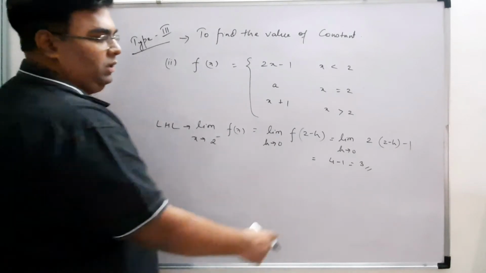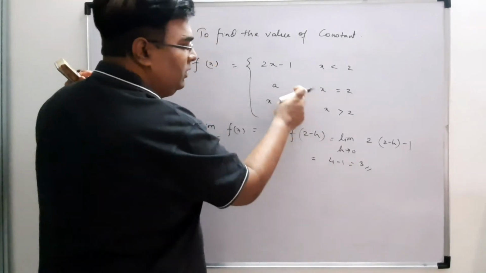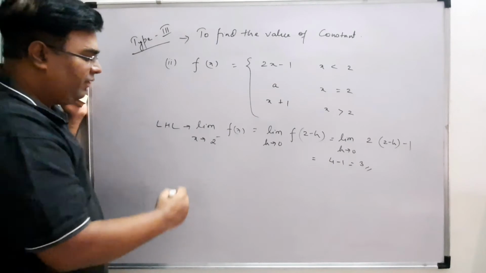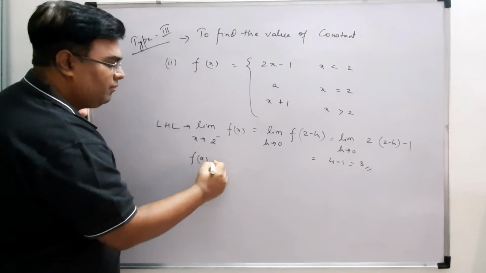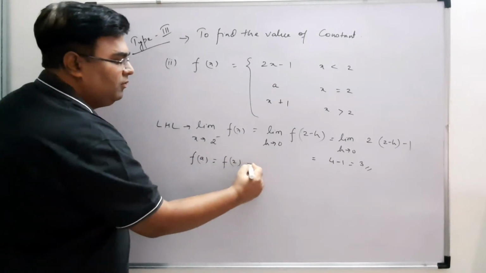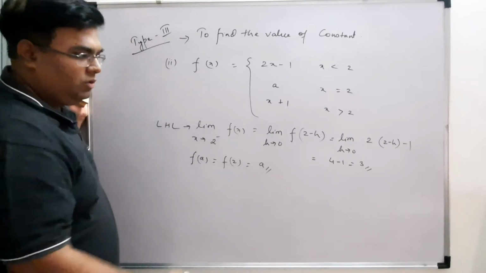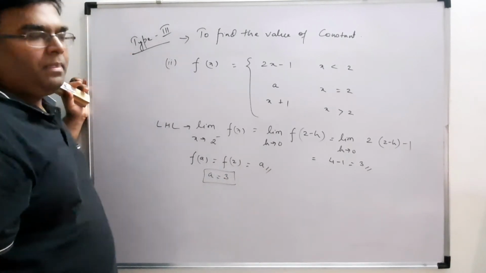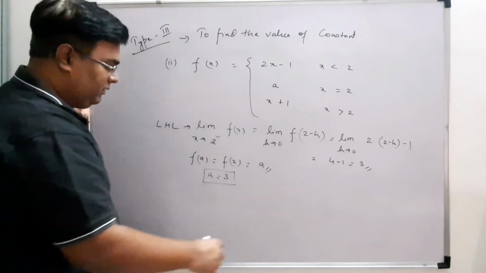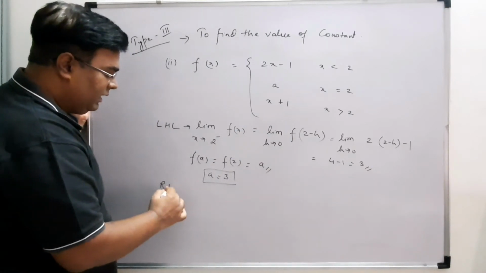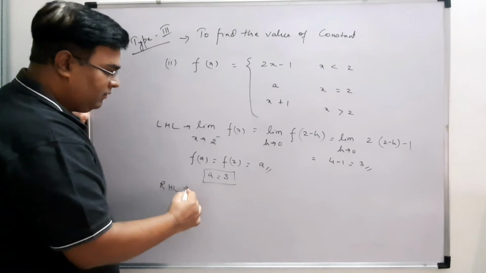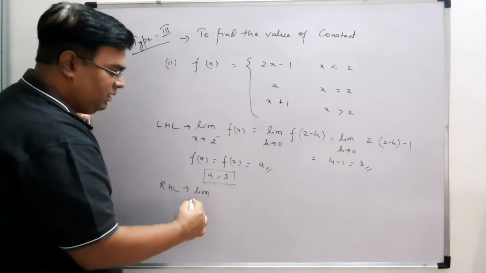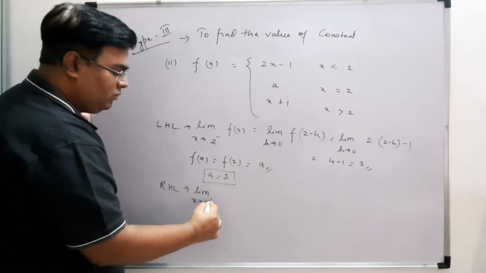So if you equate this value with your f(a), which is a, then your a is equal to 3. Even if you have taken RHL, suppose I am not taking LHL, I am taking RHL. Limit x tends to 2 plus.